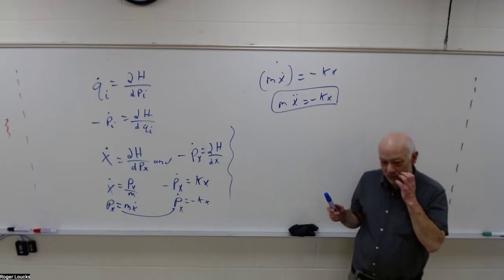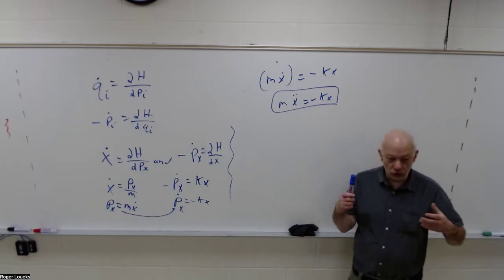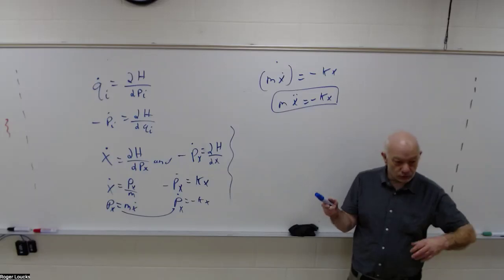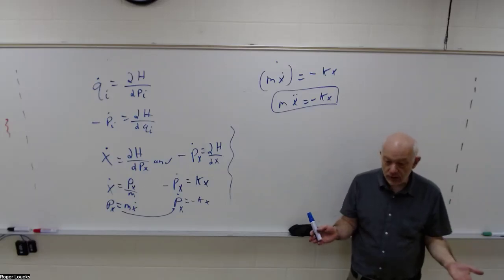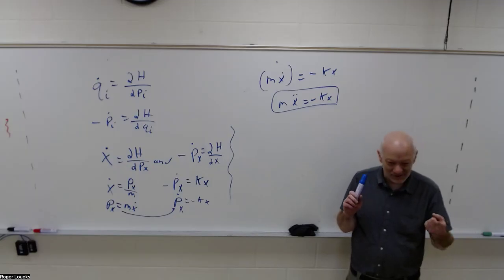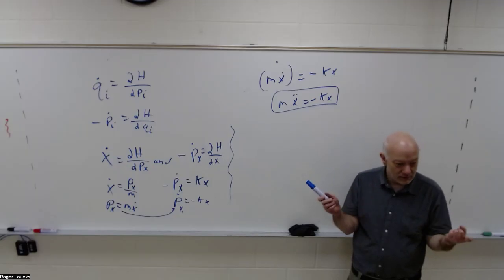Why does this become important? When you do quantum mechanics, what do you have to deal with? The Hamiltonian. You have to write the classical Hamiltonian for a problem, and then what do you do to make it quantum mechanical? You put a hat on everything. Why? Because all the quantities become their quantum mechanical forms.